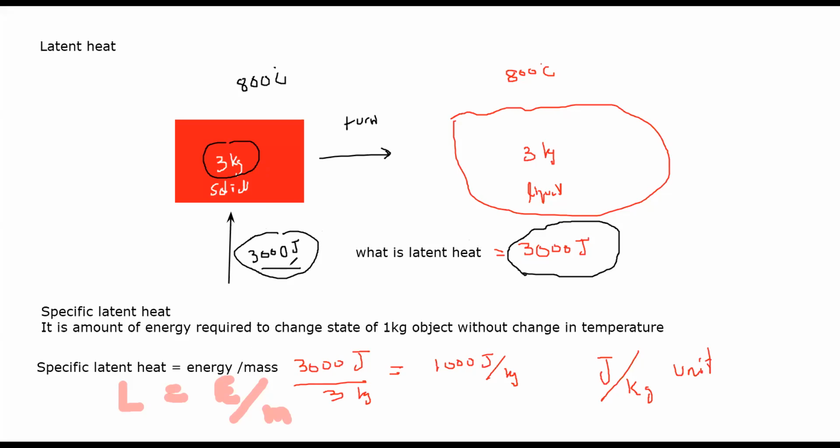So 3000 is for 3 kilogram, so it's 3000 divided by 3, which means you need 1000 joules for every kilogram to change the state. So 1000 joules per kilogram, what does it mean? It means you need 1000 joules for each kilogram so that it will change the state. Is it clear?